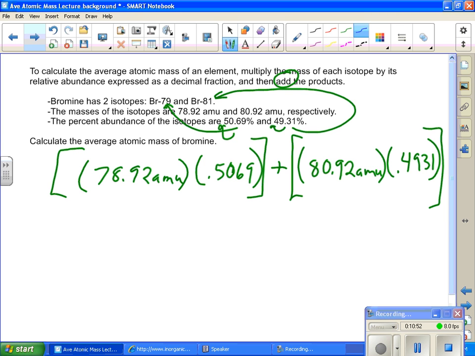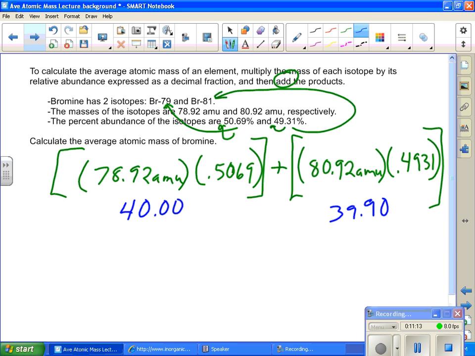So let's just do that. 78.92 times 0.5069 is 40.00. And 80.92 times 0.4931 is 39.90.